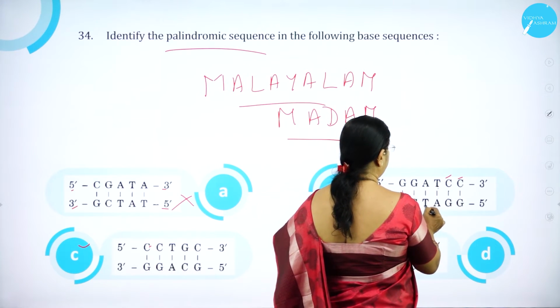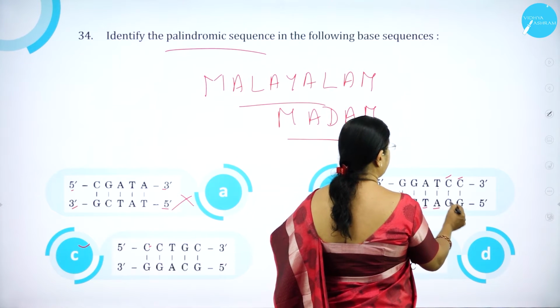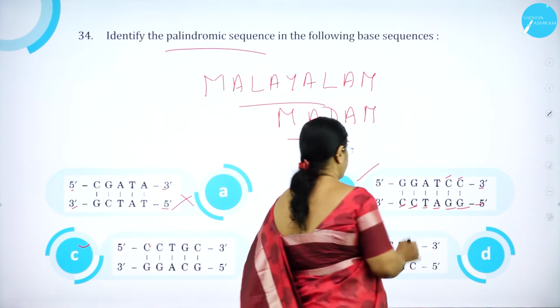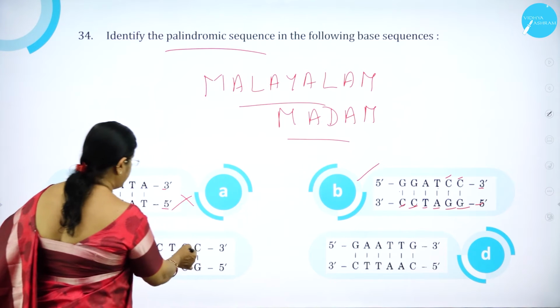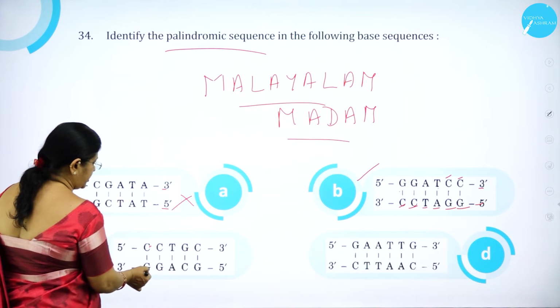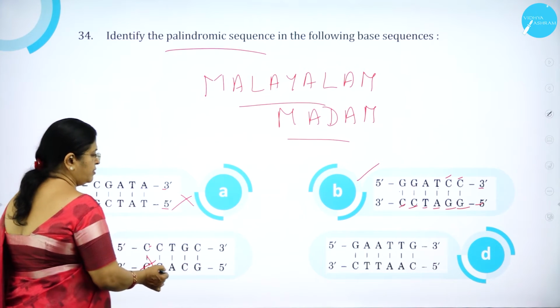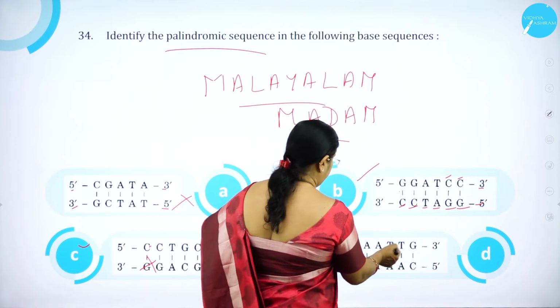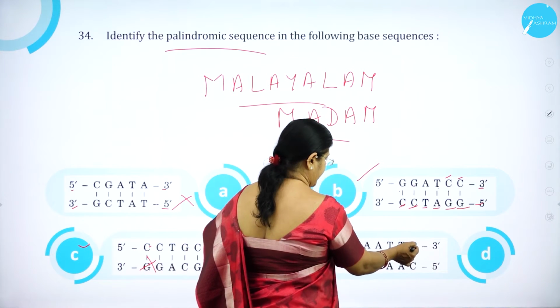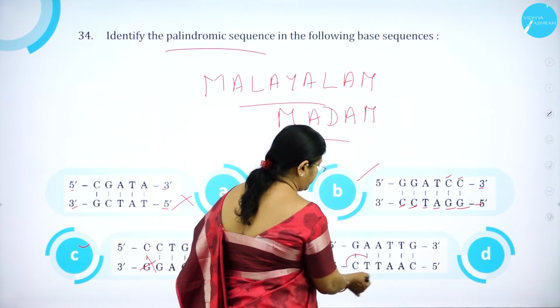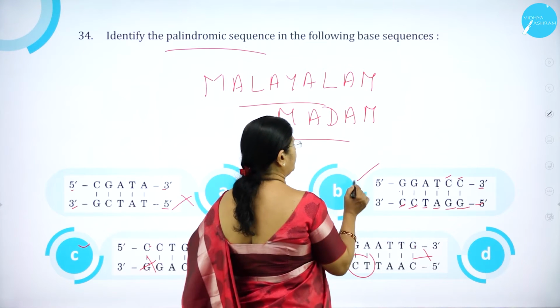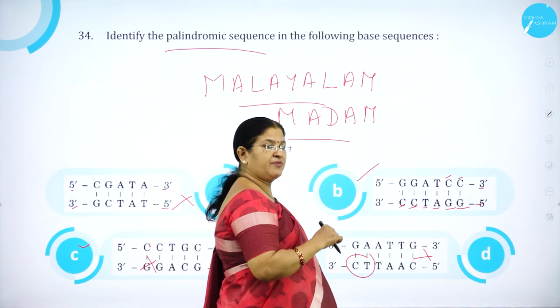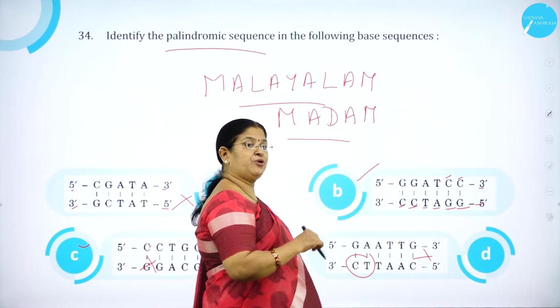TA, here also TA, correct. GG, here also GG, so this is correct. Here GCG, here it is GG, wrong. Then here you can see TG, here it is CT. So this is wrong.